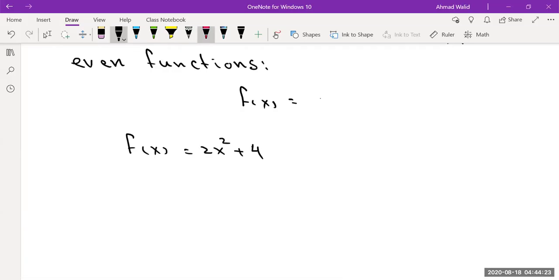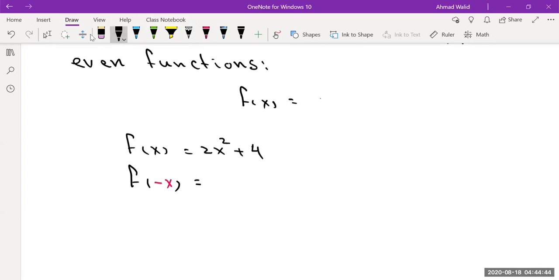This is the test. Remember, to check a function is even or odd, always replace your x with negative x. Here, look for the f of, let me change the color, negative x.